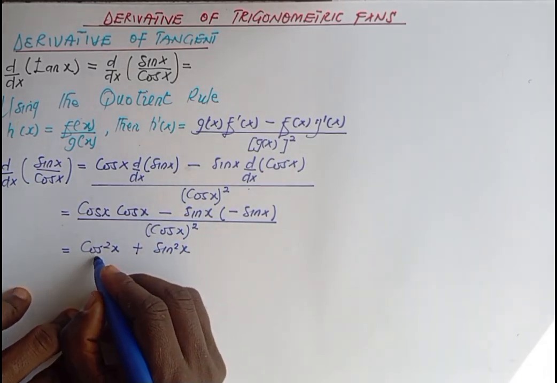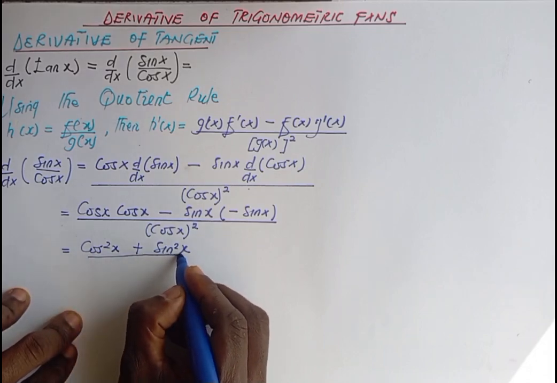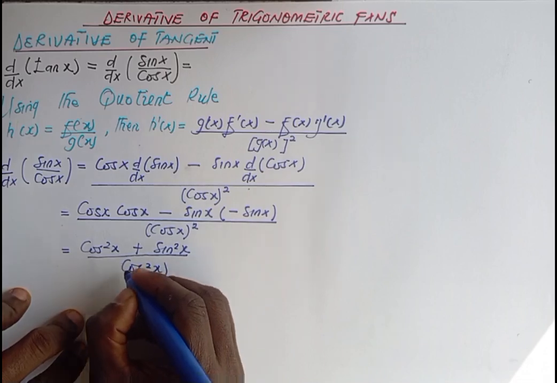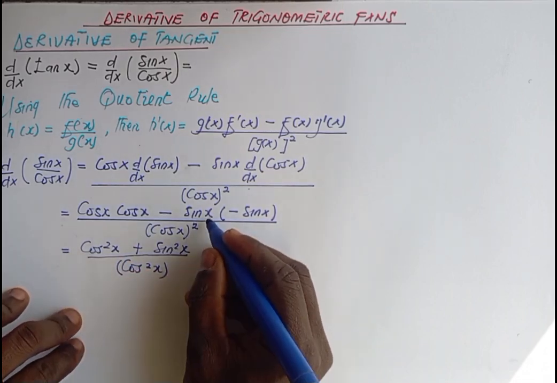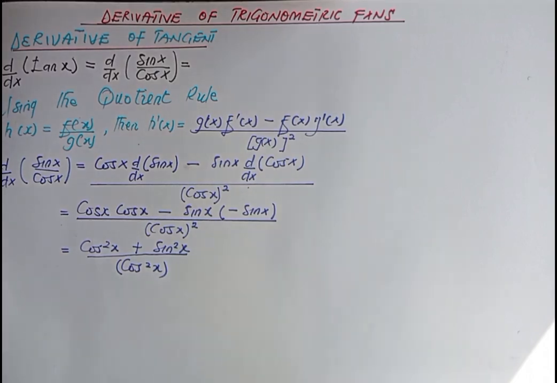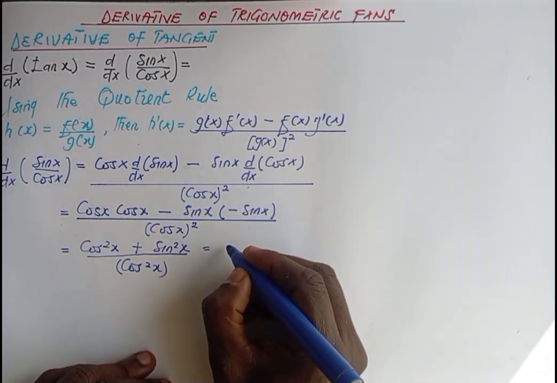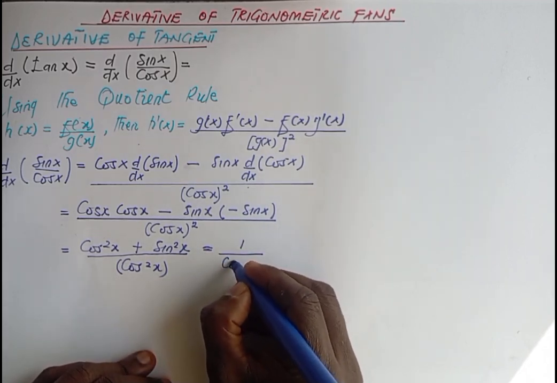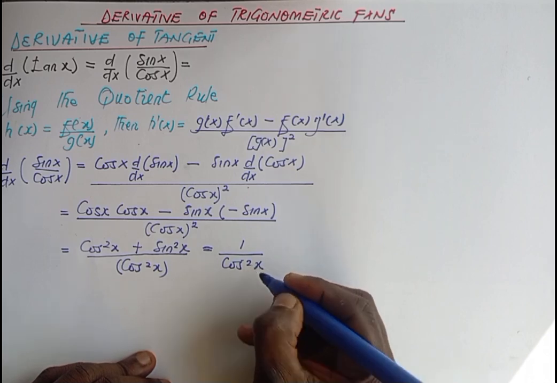And this is all over cos squared x. Remember, cos x squared is the same as cos squared x. From our basic identities, we know that cos squared x plus sine squared x gives us 1. So we get 1 over cos squared x.